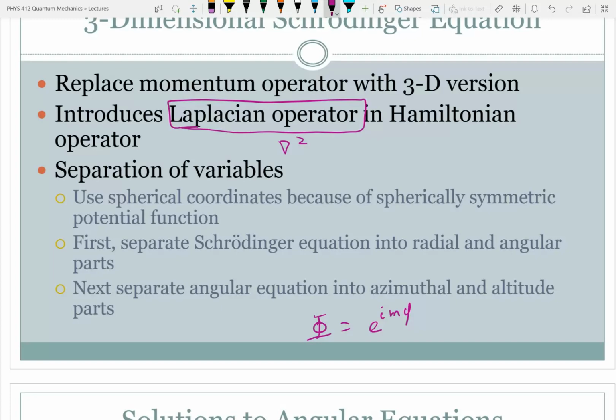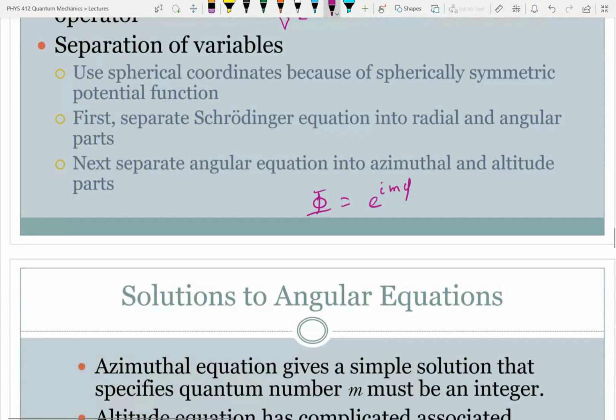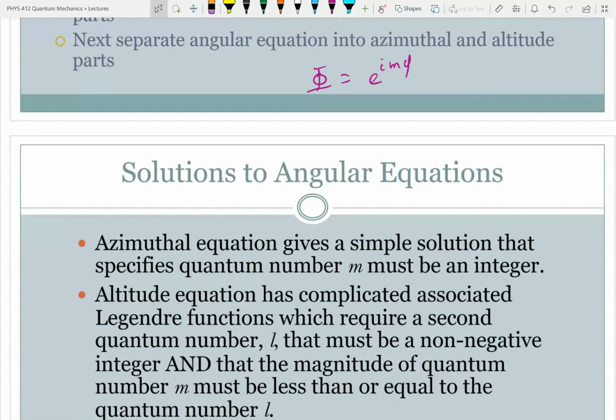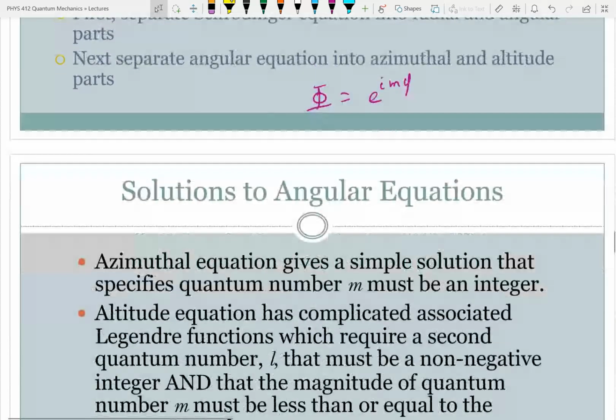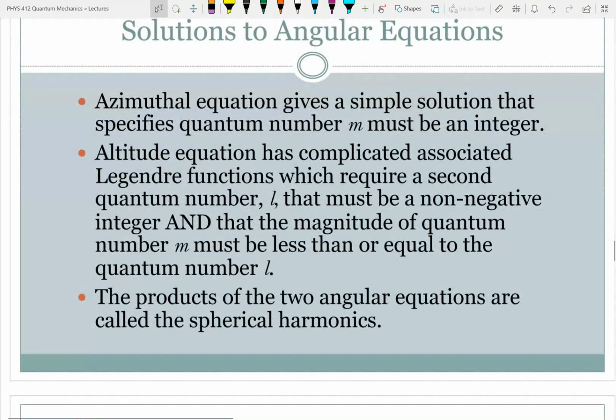And then we went to the altitude solution, and that was complicated as all get out. Then we went to the radial solution, and that was equally complicated. So here I have those steps involved.